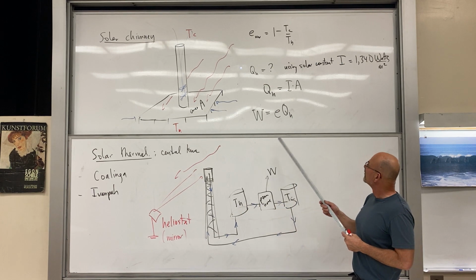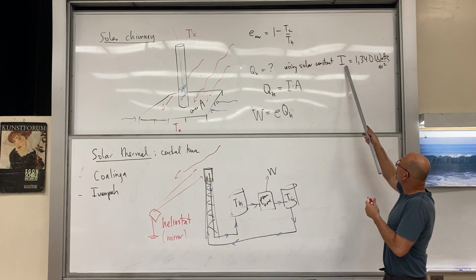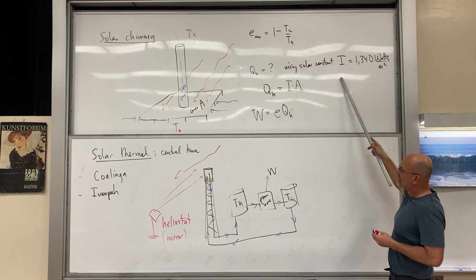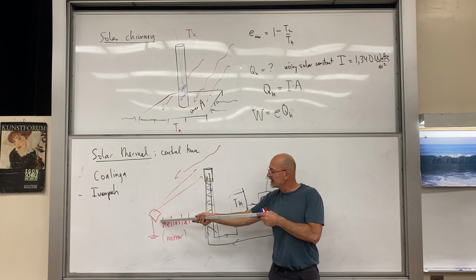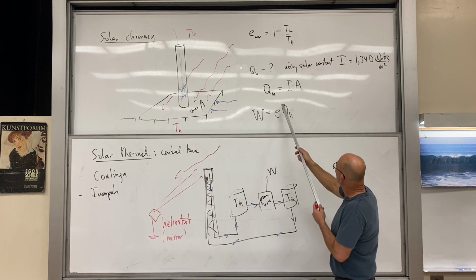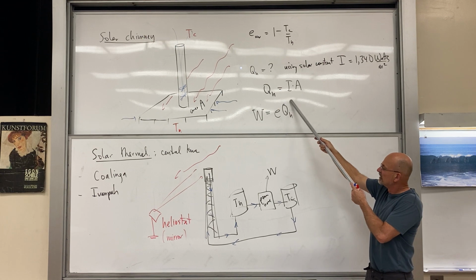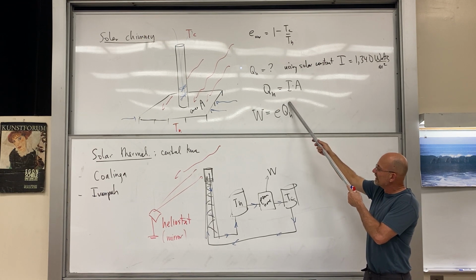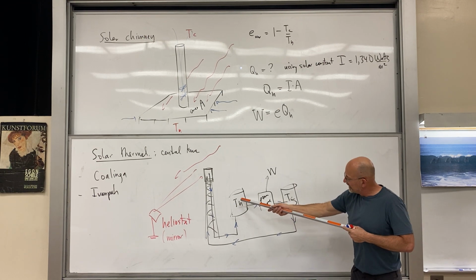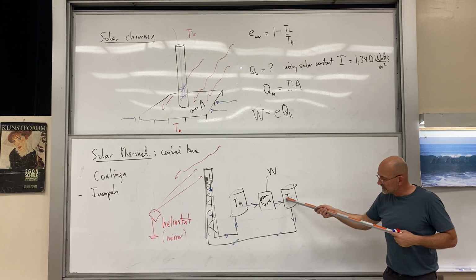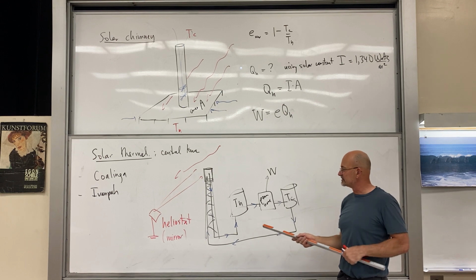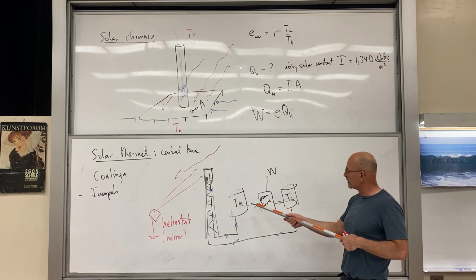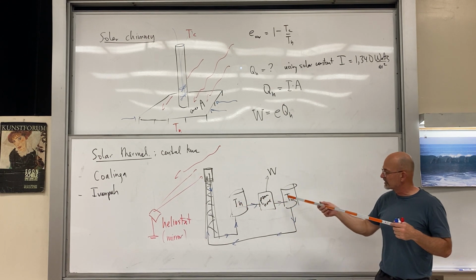And again, you can take the solar constant times the square meters of mirrors in that field to give you your QH. And then if you know the difference in these temperatures, you can get the maximum conceivable efficiency of a system like this. So these are working with very high temperatures and good temperature differences.